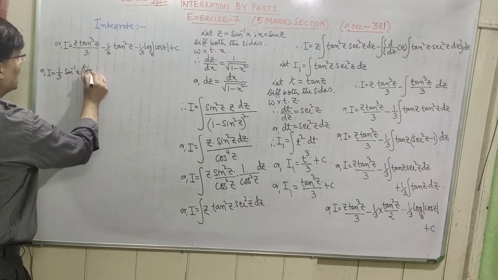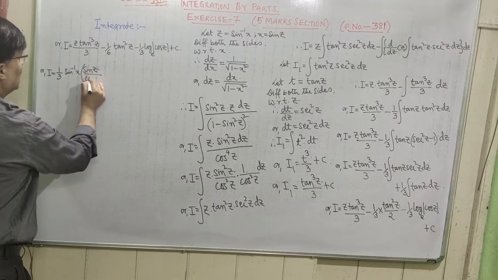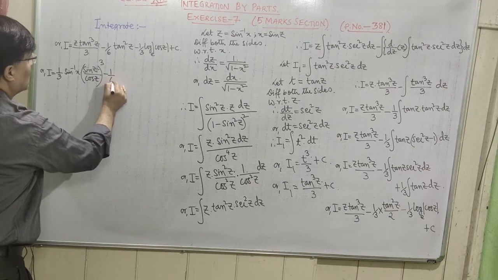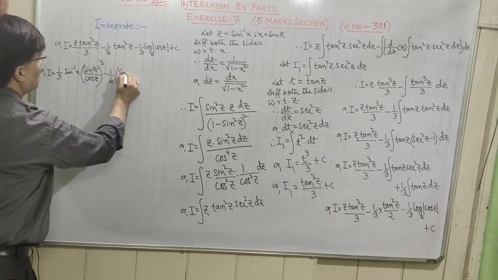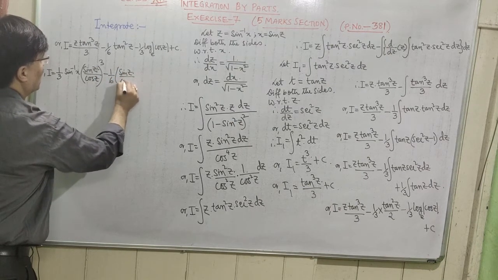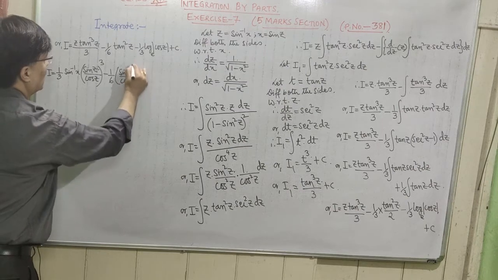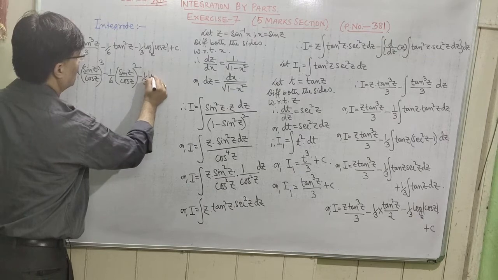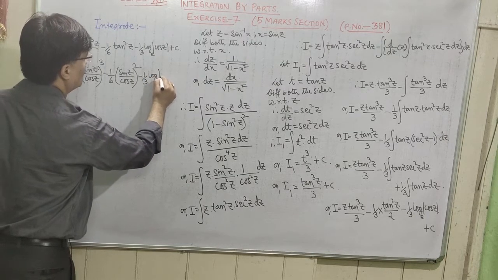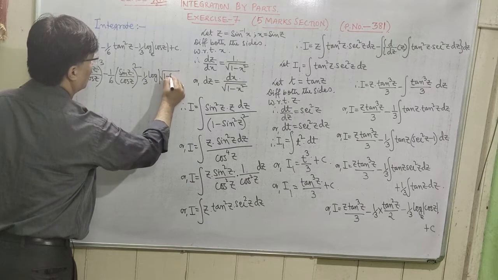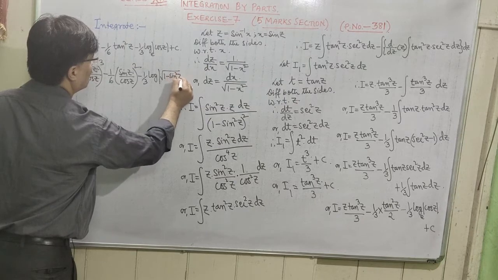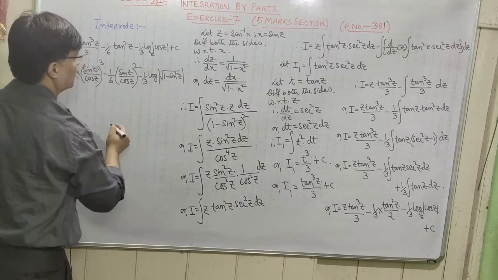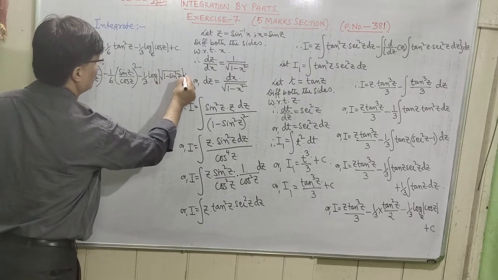You can write it as sin z by cos z whole cube, minus 1 by 6. This is your sin z upon cos z whole square, minus 1/3. This is log within mod. This is root over 1 minus sine square z, isn't it? This is sine square z, right? The base is e, then plus c.